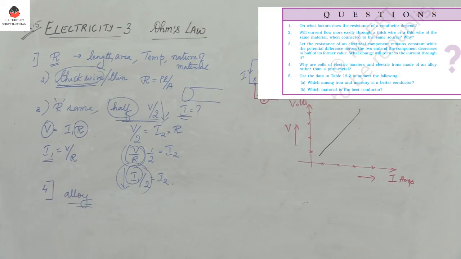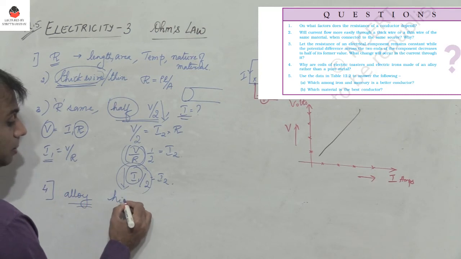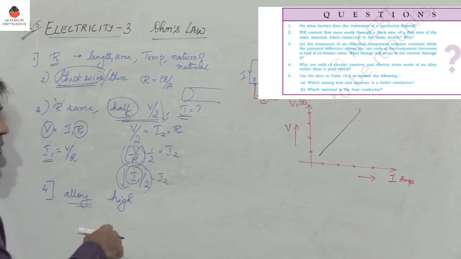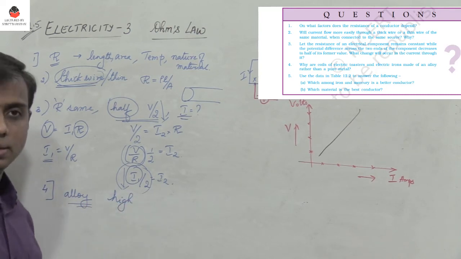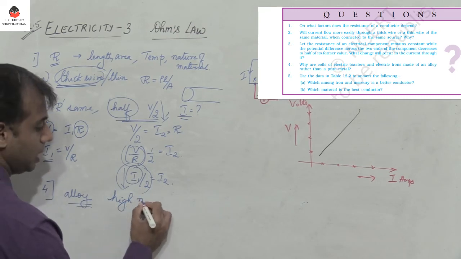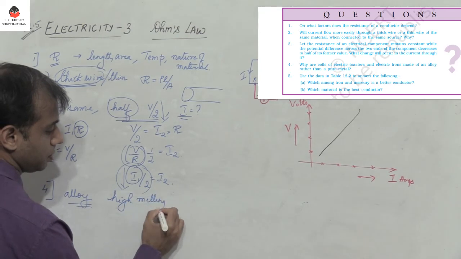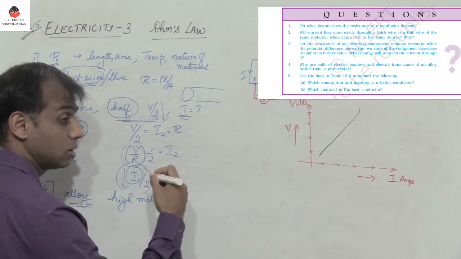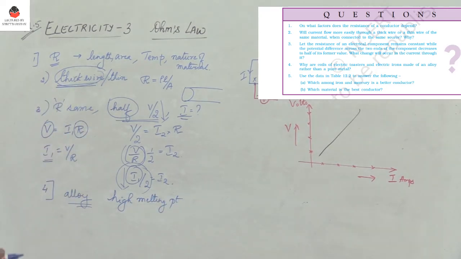Because they are very good conductors of heat and electricity and they have a very high melting point. We do not want the metal to melt in an electric iron or a heater. That's the reason why alloys are used.